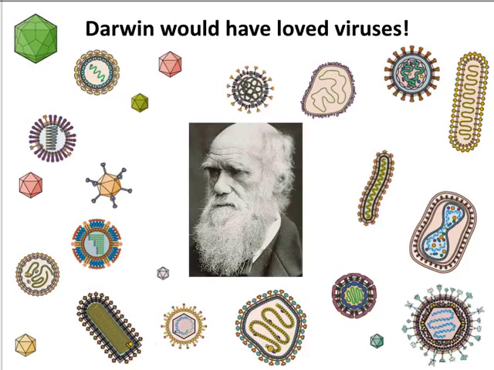There's nothing better to look at experimentally and understand evolution as it's happening. In fact, if you study an RNA virus, evolution occurs so quickly that you can see it occurring in real time. It can happen in a day in the laboratory. So for Darwin, this would have been perfect. It would have made everything very clear, because you can do incredible experiments with viral evolution that you just can't do in another animal.